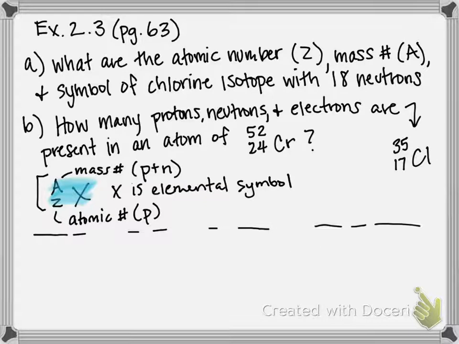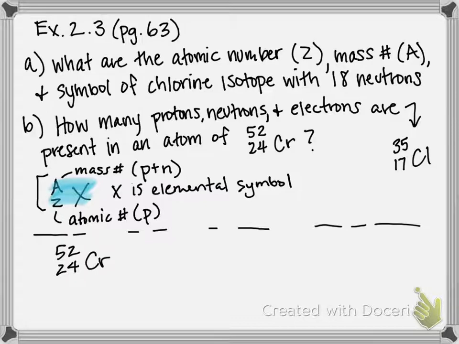Now for the second part, it says to figure out how many protons, neutrons, and electrons are present in an atom of 52/24 Cr. It's kind of like doing the opposite of what we just did. We'll write that symbol down at the bottom, 52/24 Cr.